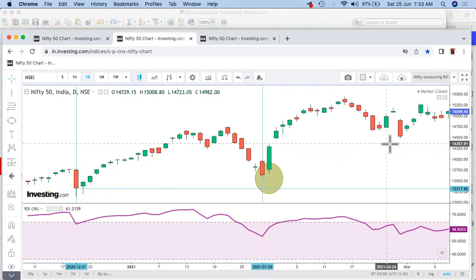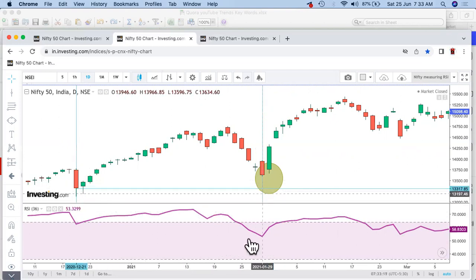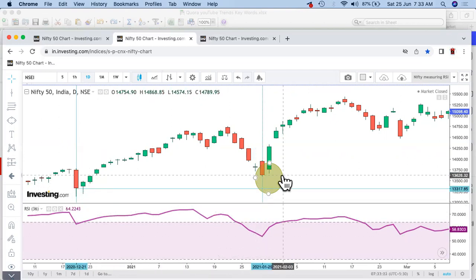But apart from that, we get one more indication, which is in terms of RSI. Now, what does the RSI signify to us? Here it has been 62, but here it has gone down to 53. So technically, this RSI should be higher than this part, because the price has been high, but it hasn't happened in that way.